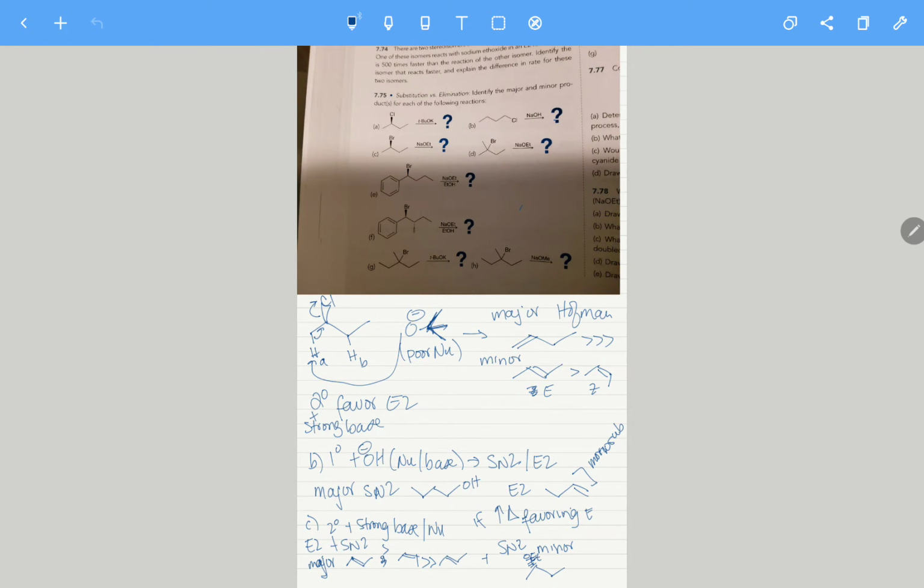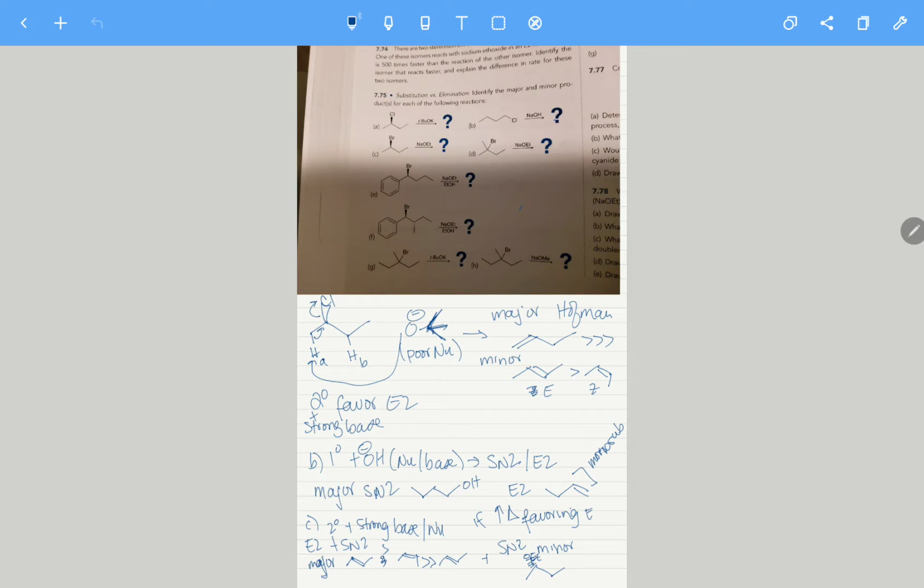We're going to use this structure with ethoxide in our ethanol. Oh, actually, I skipped one. So D. We're using D.